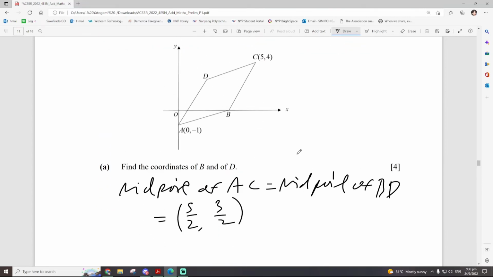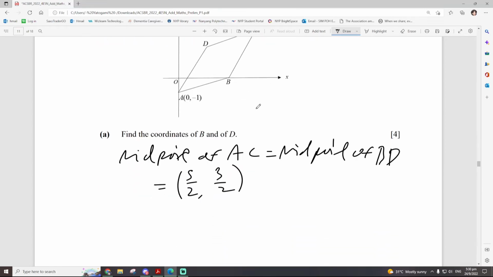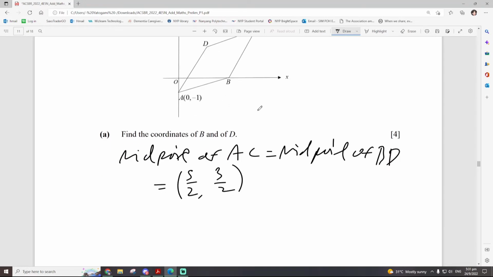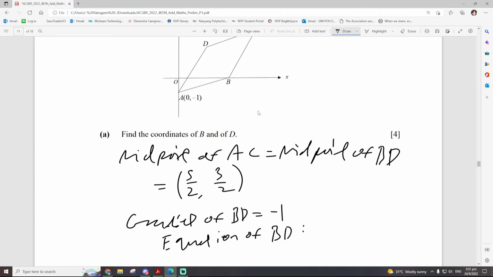Okay, well, x plus y equals 3 is not the equation of BD. It is a line that's parallel to it. So gradient of BD equals -1. So equation of BD is y minus y1, so y minus 3/2 equals m times x minus x1. y equals minus x plus 4.